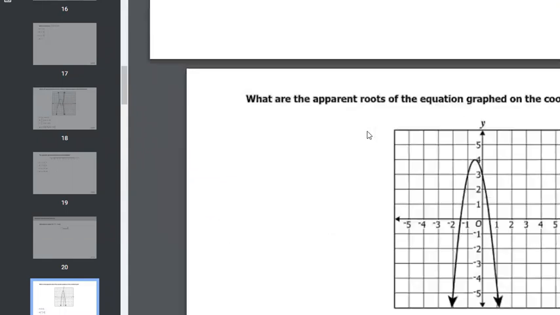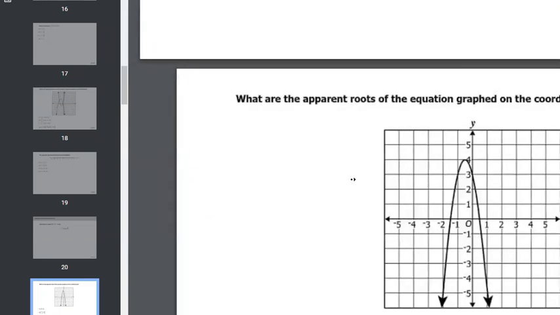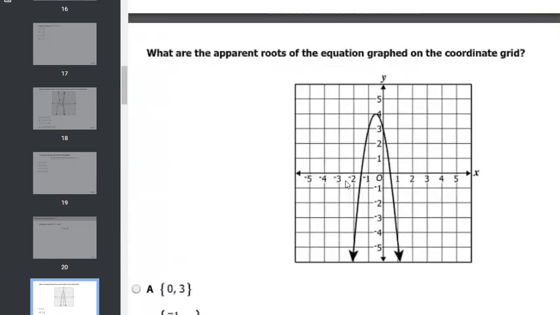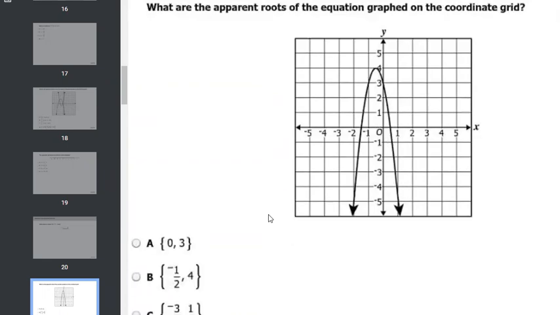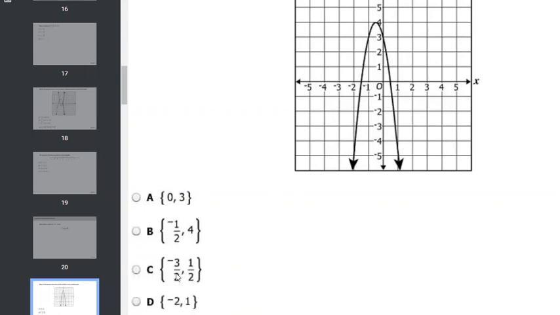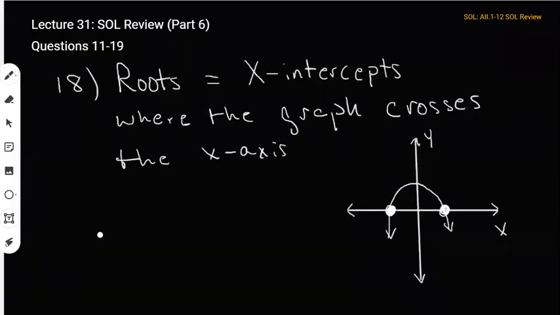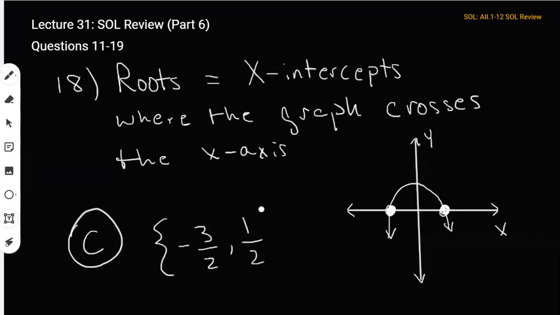What do you think? Yeah, -1.5, which is -3/2. So I'm going to choose C. -3/2, +1/2.